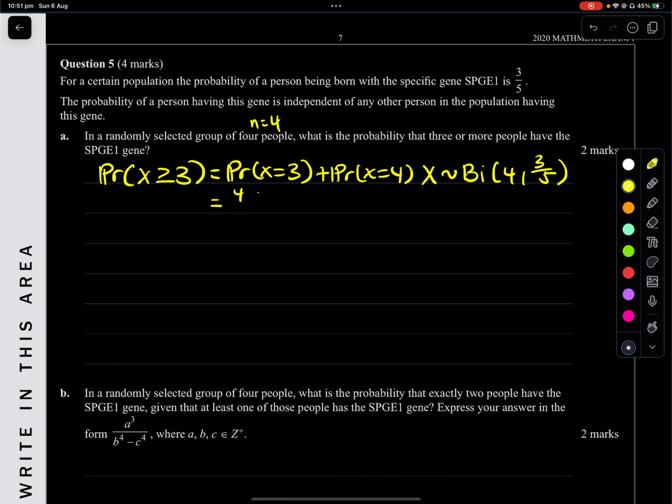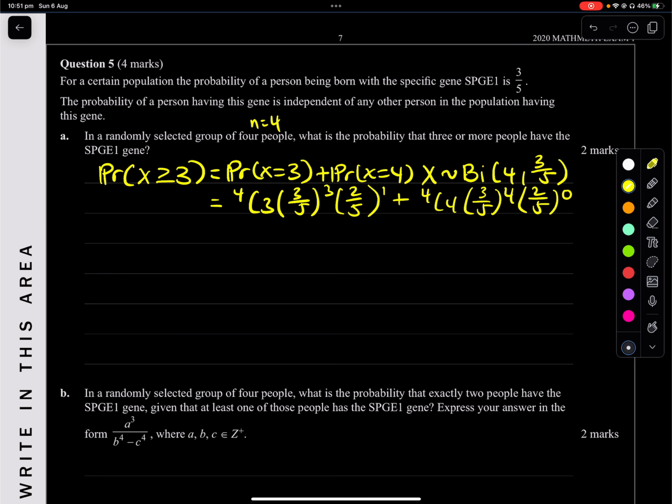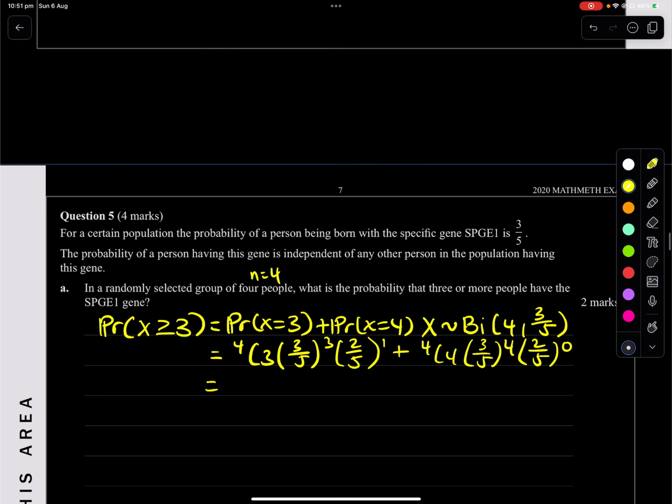It'll be 4 choose 3, (3 over 5) to the 3, (2 over 5) to the 1, plus 4 choose 4, (3 over 5) to the 4, (2 over 5) to the 0. And so what is 4 choose 3? If I just draw Pascal's triangle, 1, 1, 1, 2, 1, 3, 3, 1, 4, 6, 4, 1. So 0, 1, 2, 3. It'll be 4.